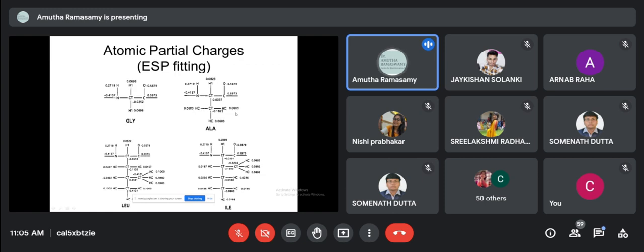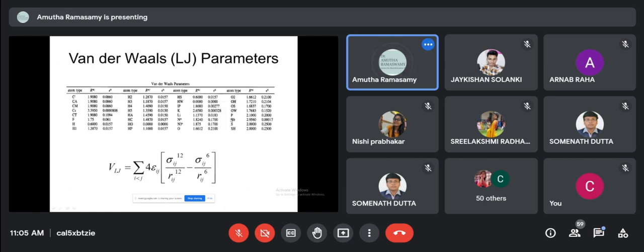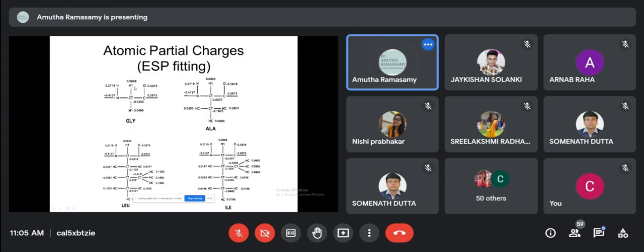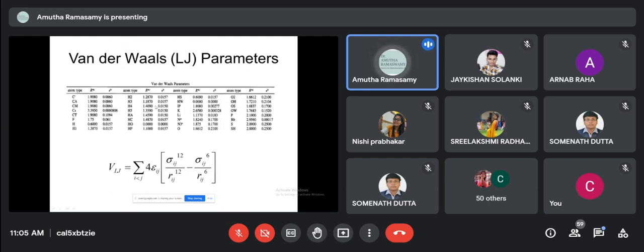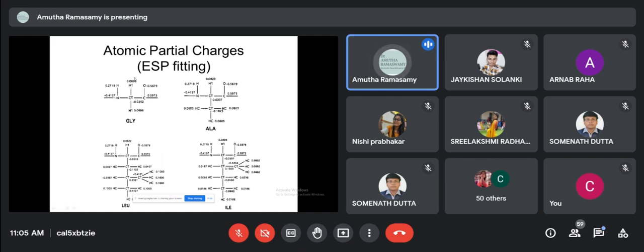Once you get all these things, for example, if you are working on one amino acid, the carbon is not C, it is CT. The hydrogen is not H, it is H1. It has its own charges, minus 0.02 and so on. This is the electrostatic potential. By representing with these values, we are trying to understand the electrostatic energy or the charge.